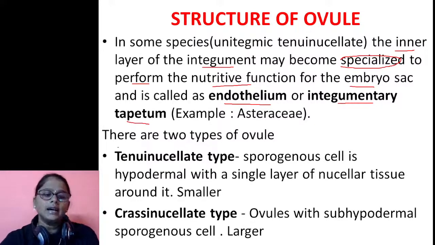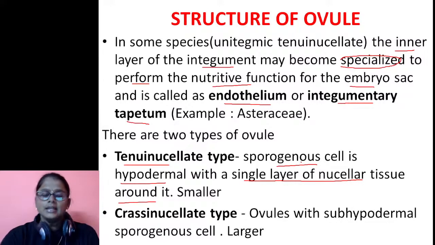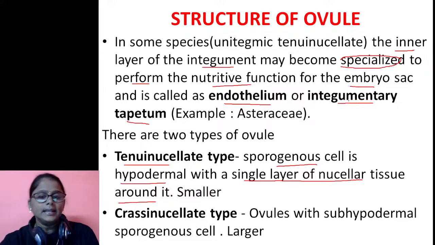So if it is a tenuinucellate type, here the sporogenous cell is hypodermal with a single layer of nuclear tissue around it. That is when the ovule is in undifferentiated state, the ovule is just forming now. So in the immature state they contain the sporogenous cell which are all hypodermal.